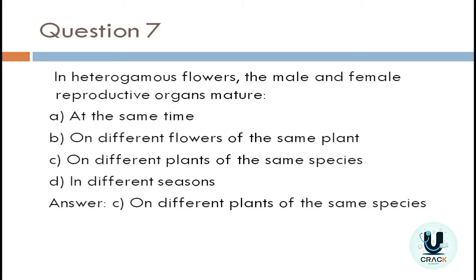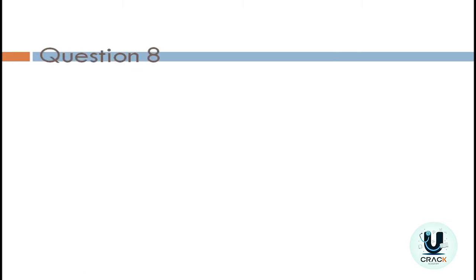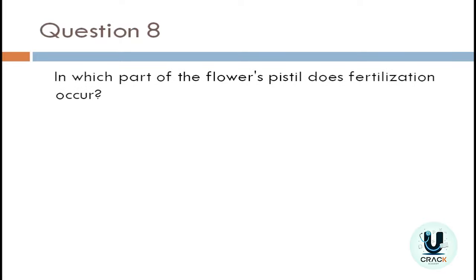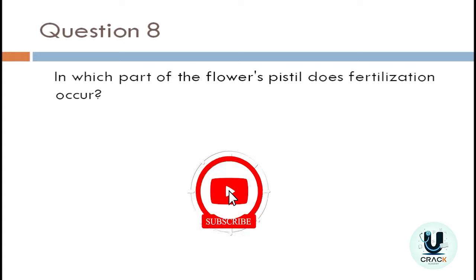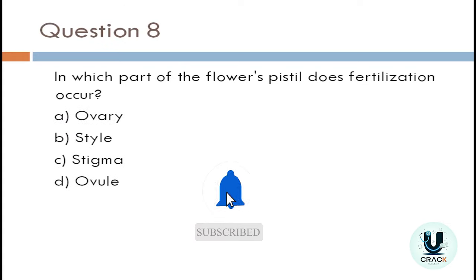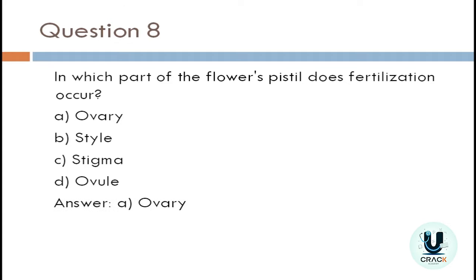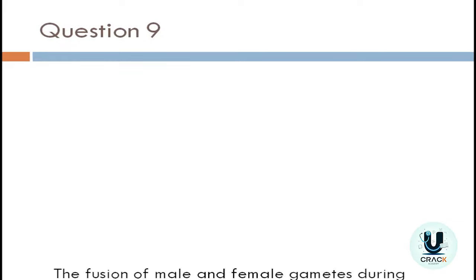Answer: on different plants of the same species. Question number 8. In which part of the flower's pistil does fertilization occur? Options: ovary, style, stigma, ovule. Answer: ovary.